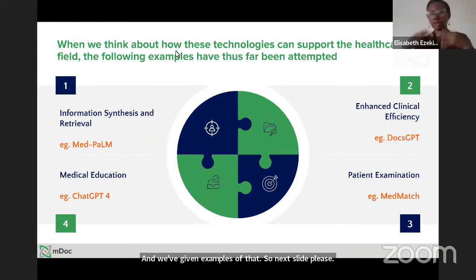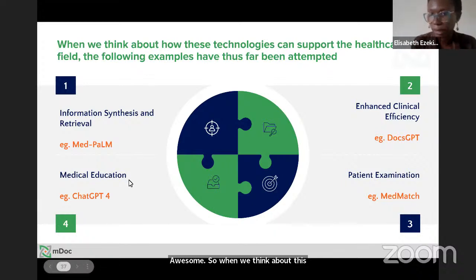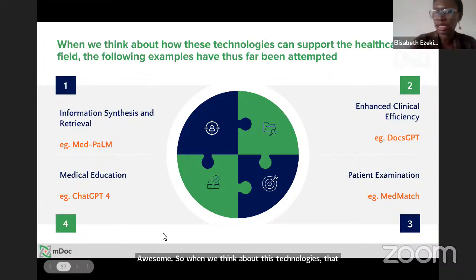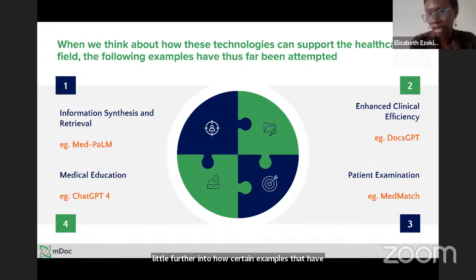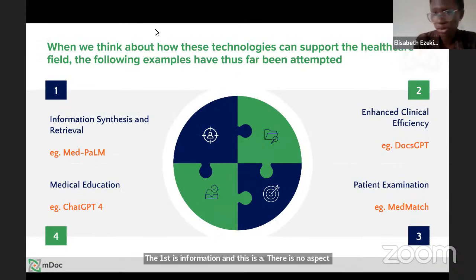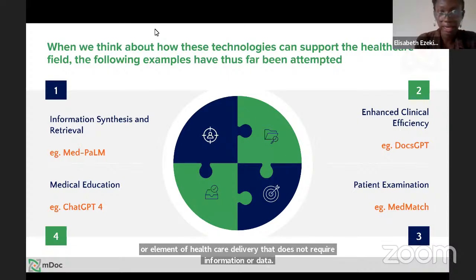Awesome. So when we think about these technologies that can support the healthcare field, let's dive a little further into certain examples that have been attempted specifically for healthcare and tailored for improving clinical outcomes, right? The first is information synthesis and retrieval. There is no aspect or element of healthcare delivery that does not require information or data, like we've explained over and over again.